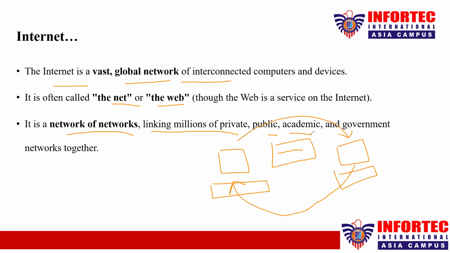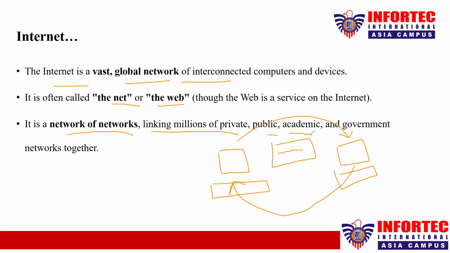So now you know what is internet. It is vast global network of interconnected computers. If you connect two devices together or two or more devices together with the purpose of sharing things, communicating, then you do this internet.